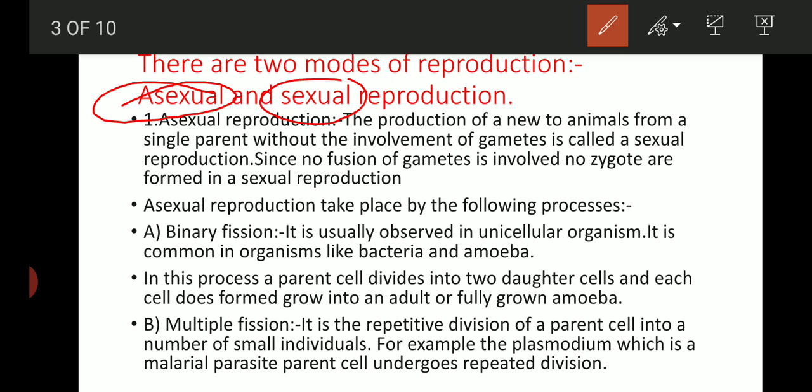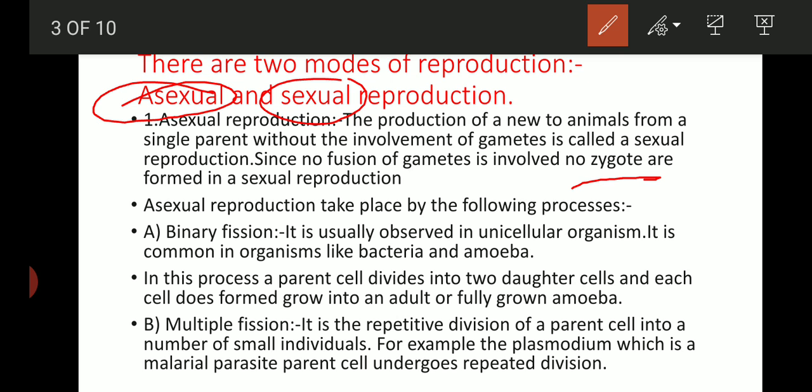Because no fusion of gametes, like male and female gametes, takes place in asexual reproduction, no zygote is formed. Amoeba, hydra, yeast, etc. are the organisms that reproduce asexually.